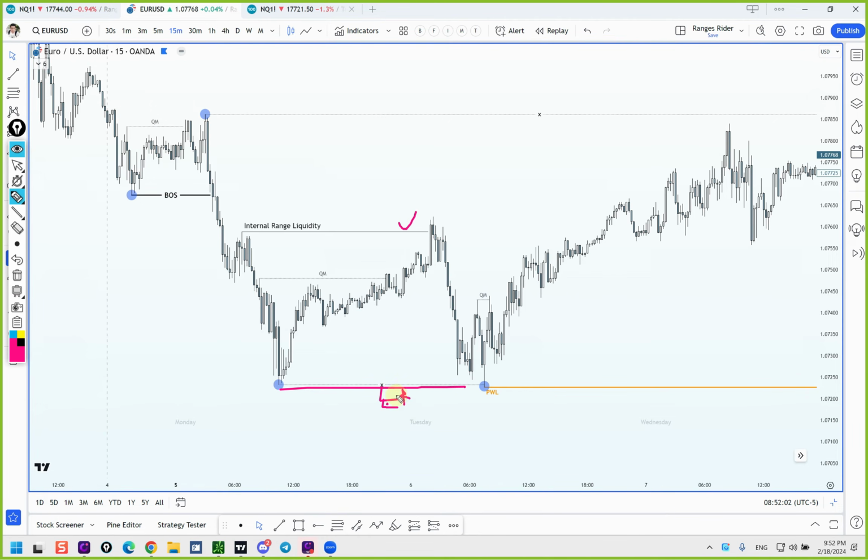Until here, everything is clear, right? But once we have the internal range liquidity, I don't want to confuse the beginners by switching between different time frames. But since Carl, you asked this question, I'm going to explain specifically. Look here.